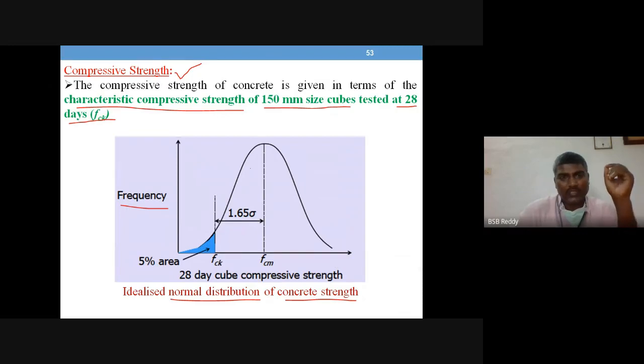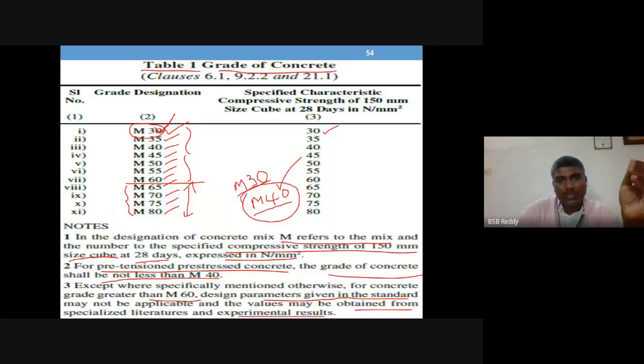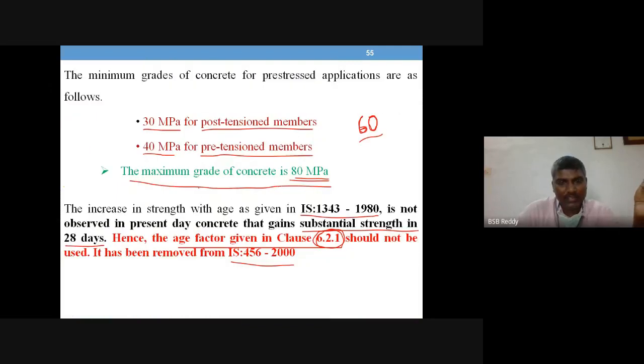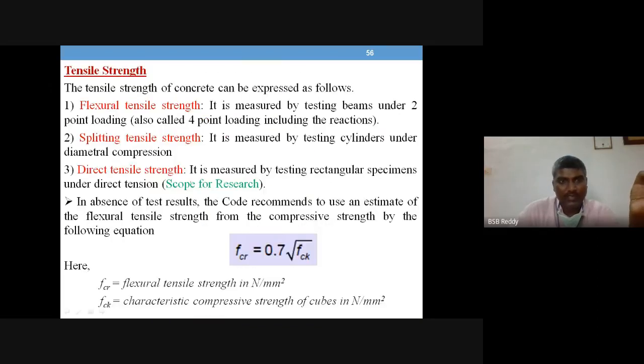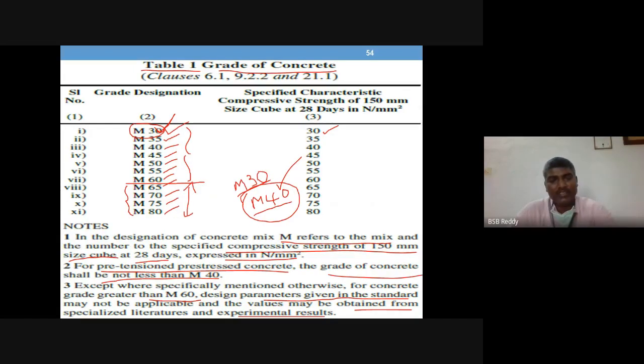Okay, so that is what is called acceptability criteria. Next, grades of concrete we have talked about, and the minimum grades required, the maximum grade available, right. So that's about compressive strength of the concrete.